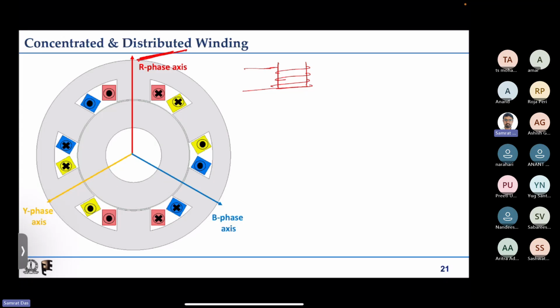But for mostly 2 pole, 4 pole, 8 pole cases, we mostly go for distributed winding. So let us try to understand distributed winding, because that is most common.